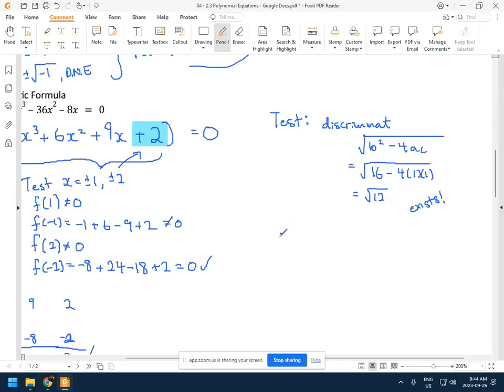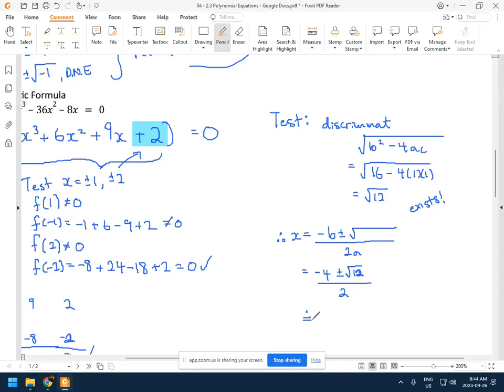X is equal to negative b plus minus the root of the discriminant over 2a, which is negative 4 plus minus root 12 over 2 times 1. And I'll save you the calculation.